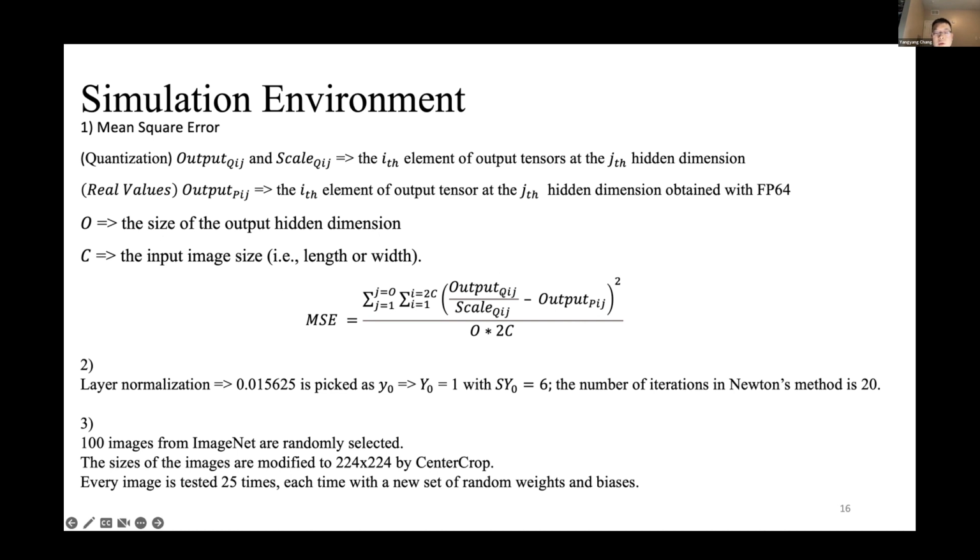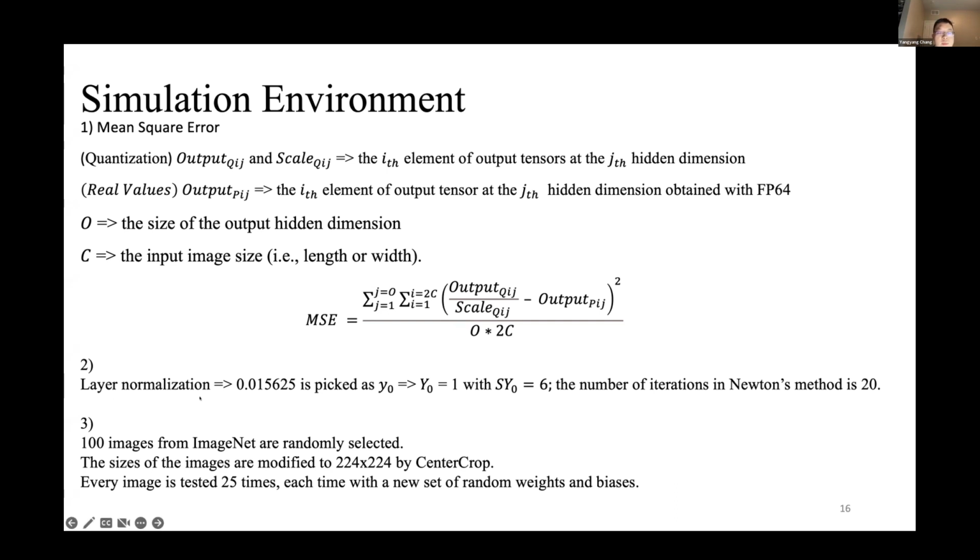So pretty much we compute the mean square error: this item is for the quantization, and this item is the real value. We compare each value to calculate the mean square error.